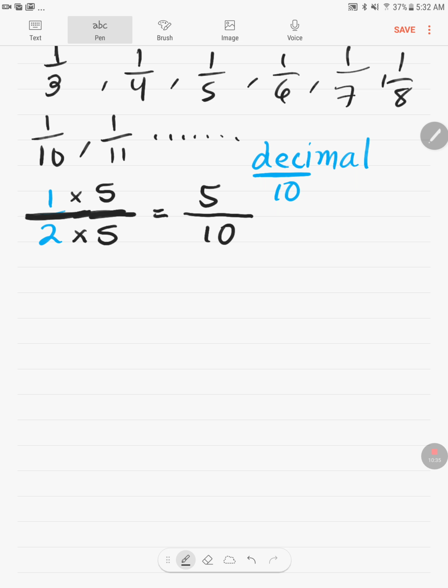Now 5 over 10 in decimal: if we imagine the 5 as a number, it could always be written 5 point 0. This is called the decimal point.